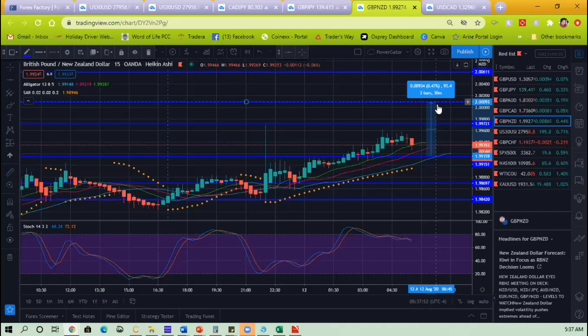Okay, so this is what I talk about when I tell you guys, wait for it to do its turnaround, and then you can get back in at that point, because you're going to gain more pips. But if you wait and do a pending order until you know it's going to get up here and then keep going, you'll still get some pips, you just won't get as many.